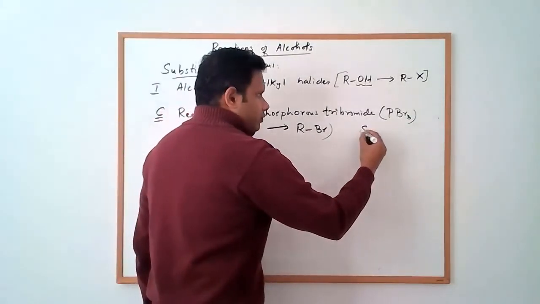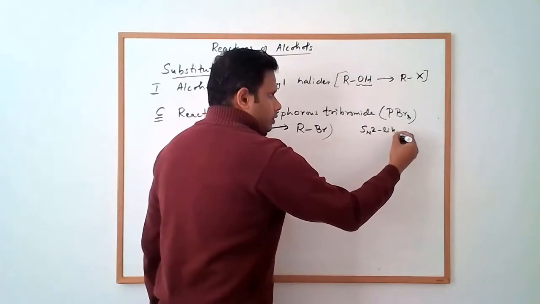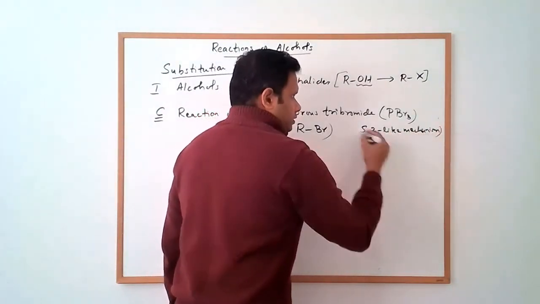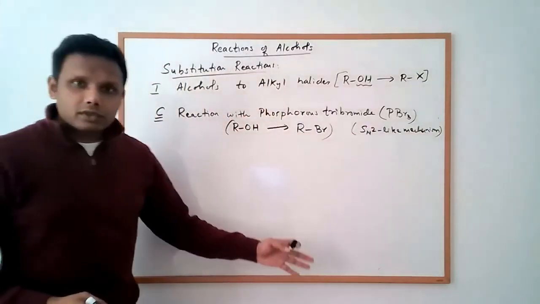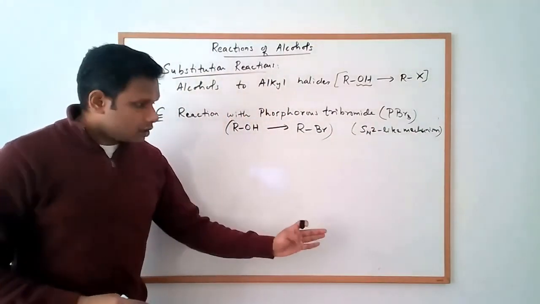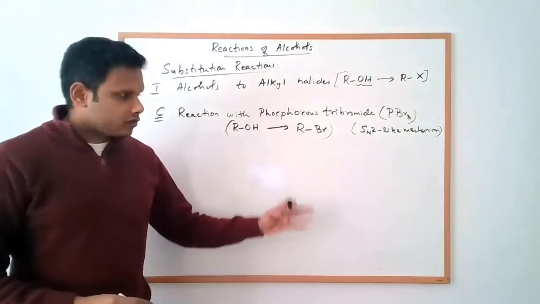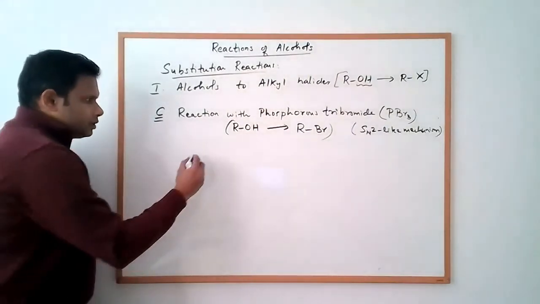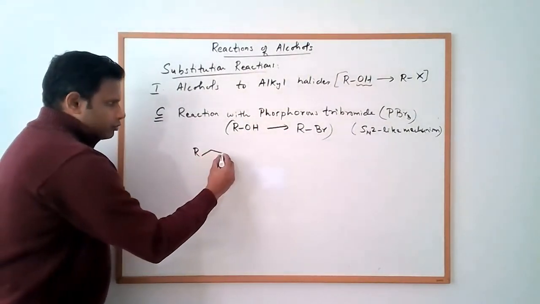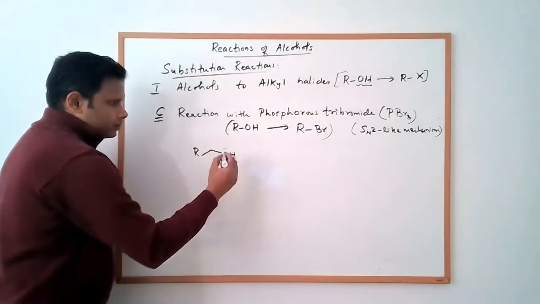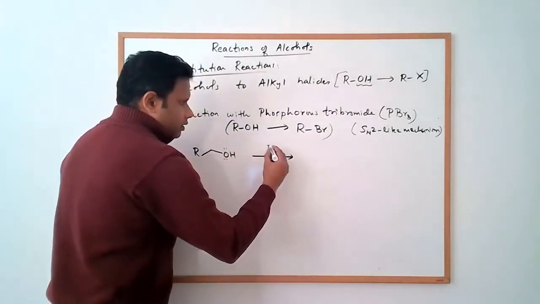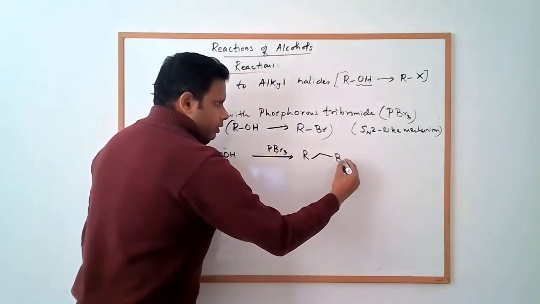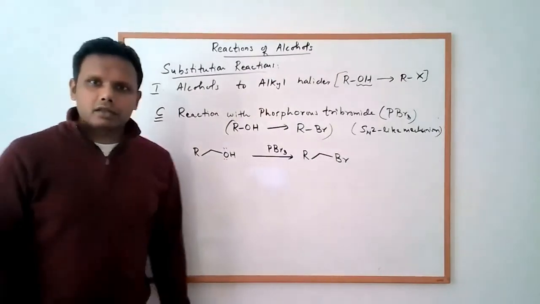And this also follows an SN2-like mechanism. So as we saw earlier in the thionyl chloride case, the chloride went and attacked that alpha carbon with the loss of the leaving group. So something similar happens here. Using the example of a primary alcohol, if you react the primary alcohol with phosphorus tribromide, the product that you get is going to be an alkyl bromide.